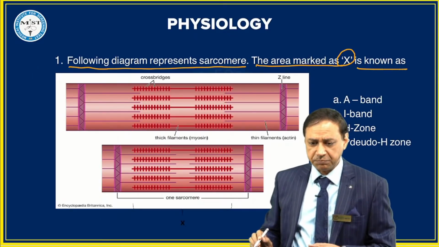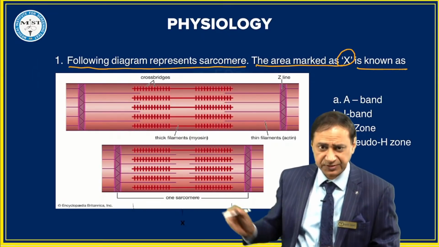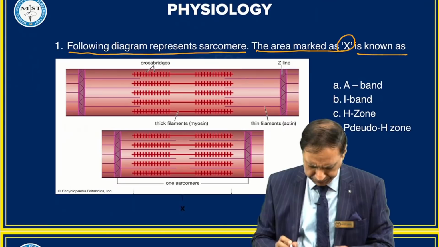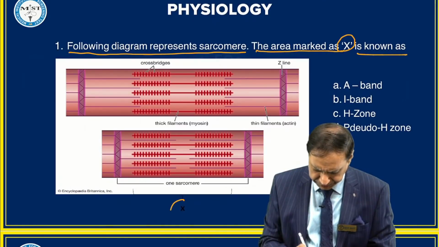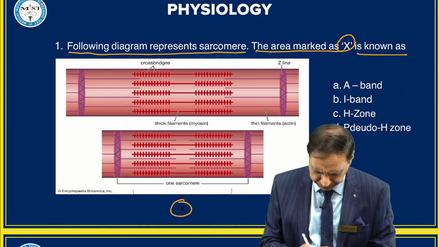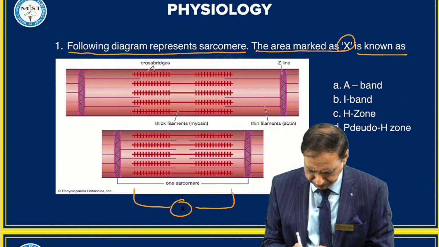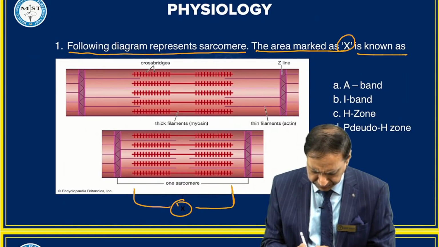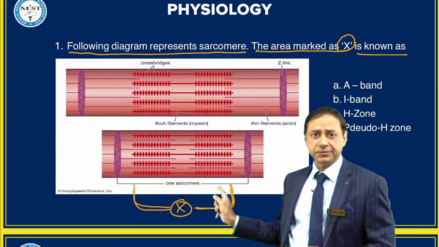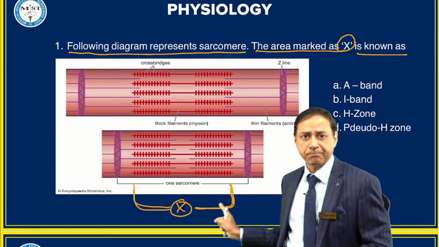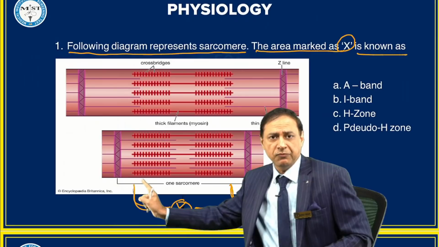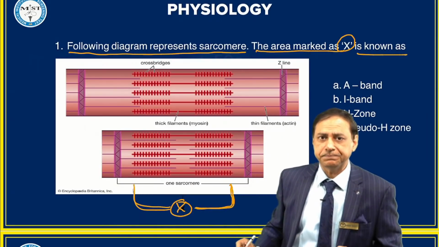The area which is marked as X, if you can see here, is this area. What is this area known as?